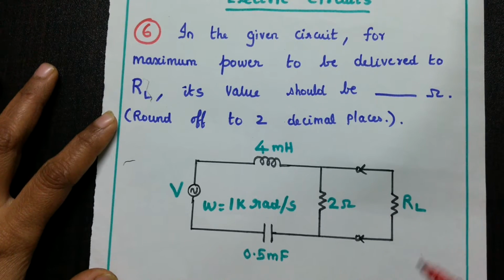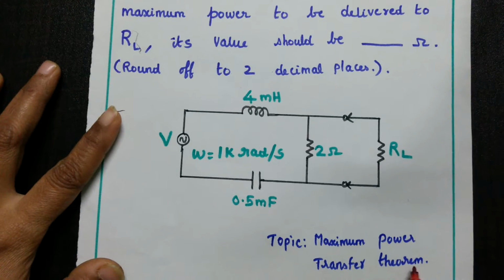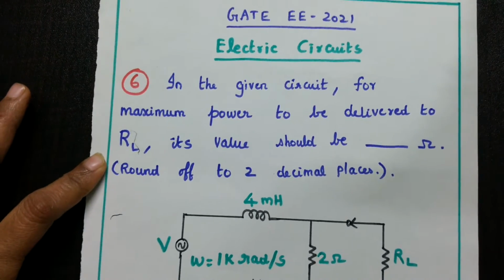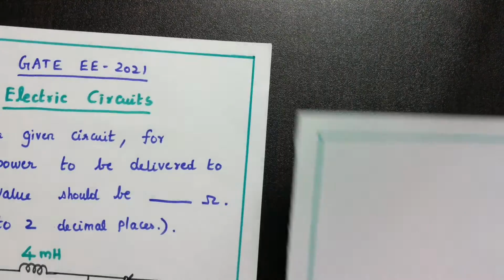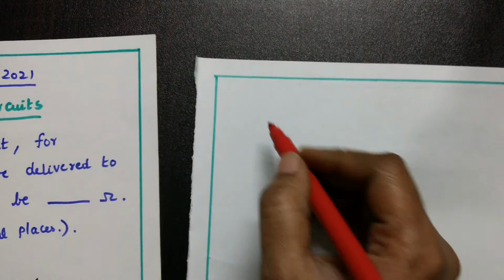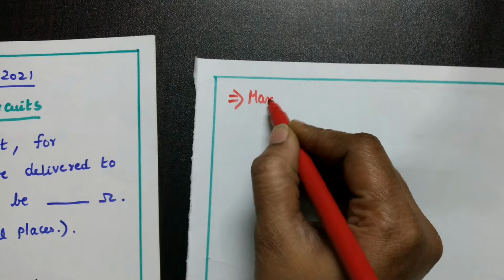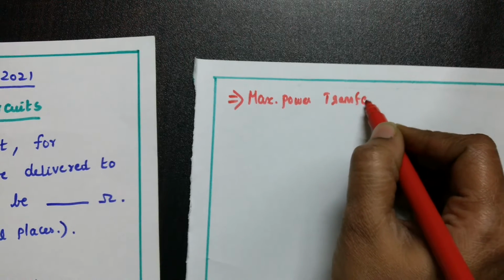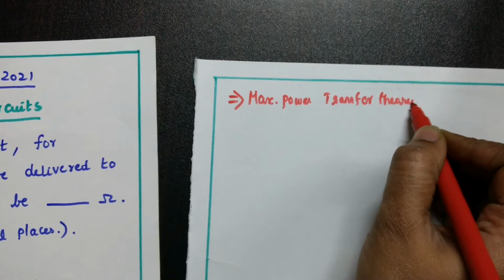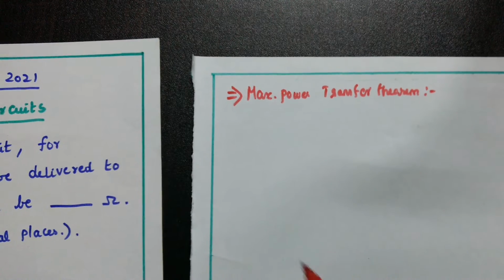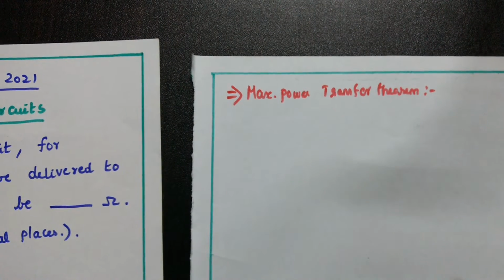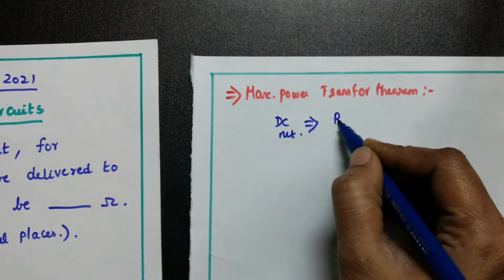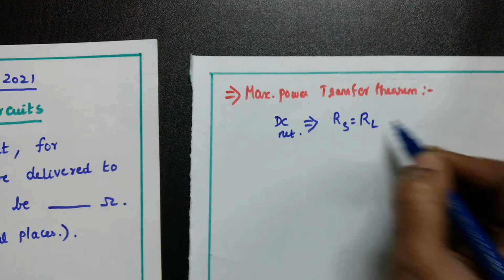This question is given under the topic maximum power transfer theorem. So let me recall some formulas for the maximum power transfer theorem. The condition for maximum power to be delivered to the load resistance in the case of DC networks is that RS should be equal to RL.